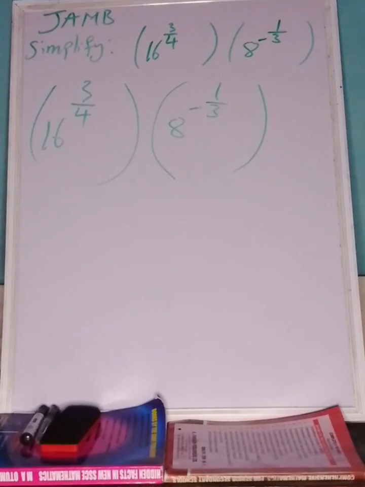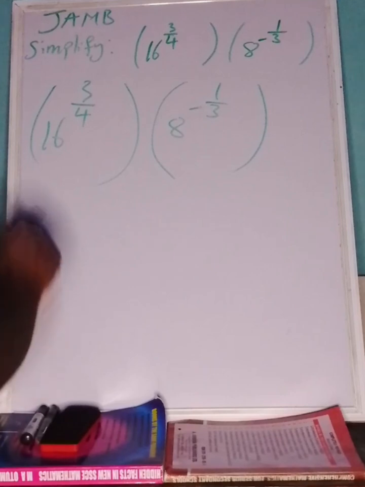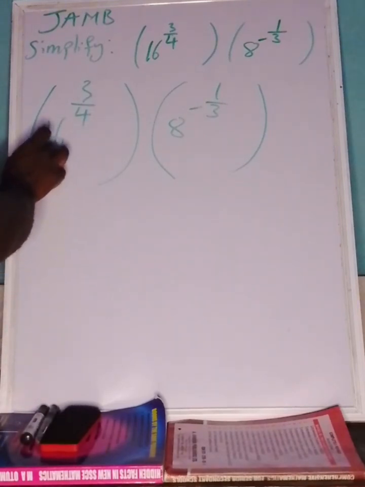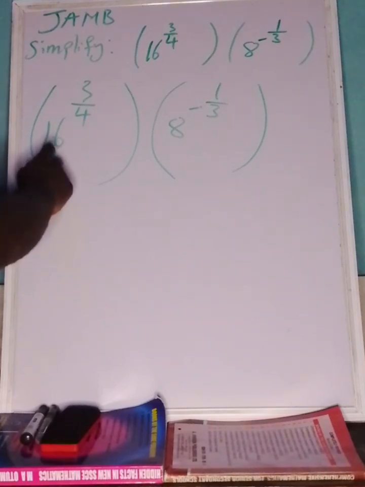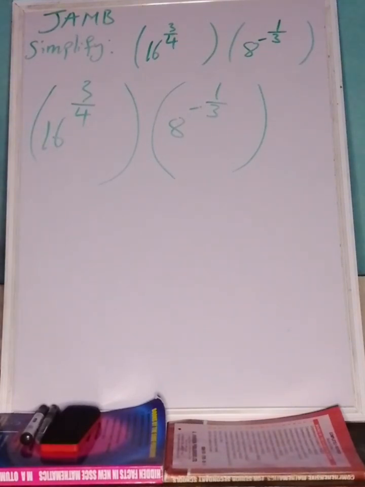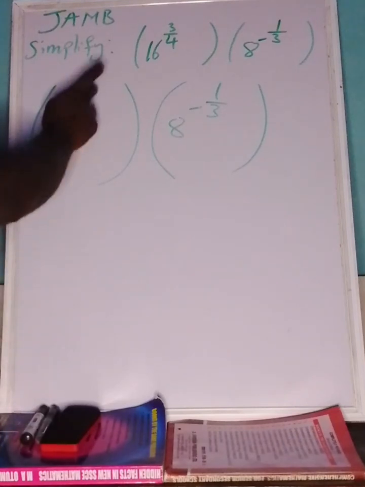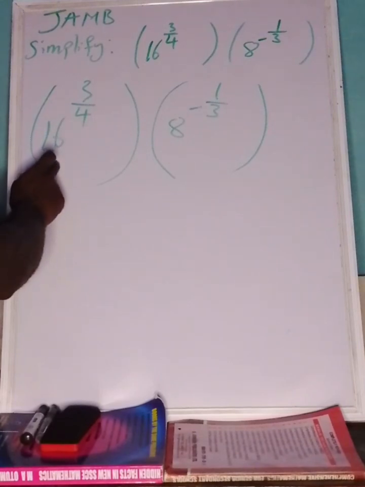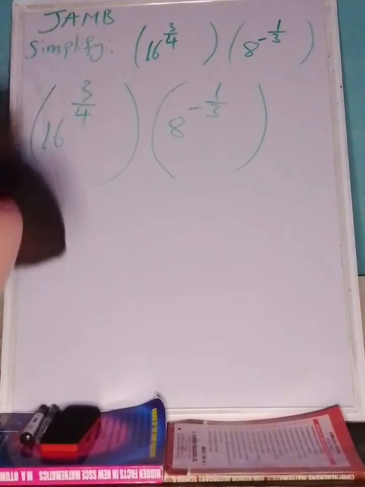When a number is raised to a fraction, the denominator of that fraction indicates the root of the base that you should take. So as 16 is raised to power 3 divided by 4, you are going to take the 4th root of 16 and then raise it to power 3.